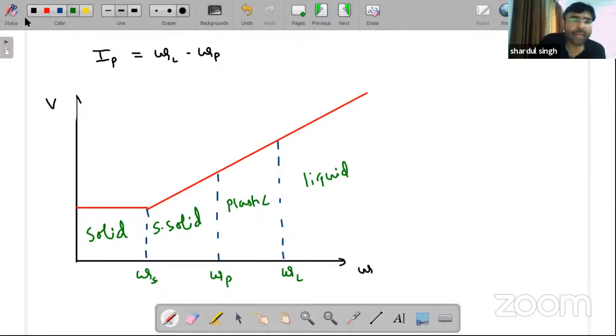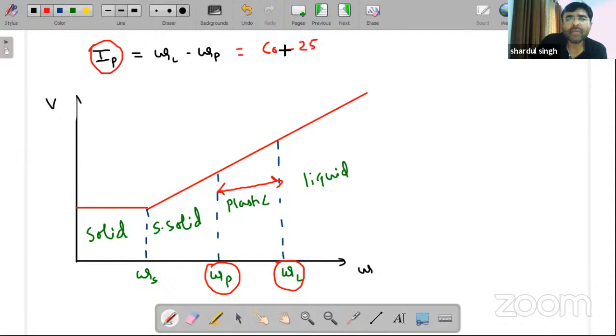By getting the difference between the liquid limit and plastic limit, you will know the range within which the soil behaves as plastic, and that is identified by the plasticity index, IP, that is liquid limit minus plastic limit. We can calculate it as 60 minus 25, because in the question the liquid limit was given as 60% and the plastic limit as 25. So the value of IP comes out to be 35%.